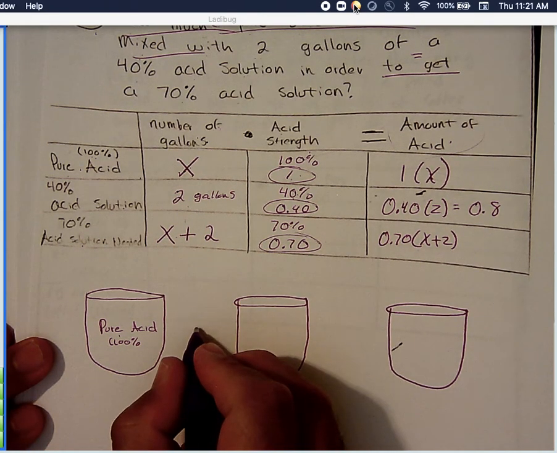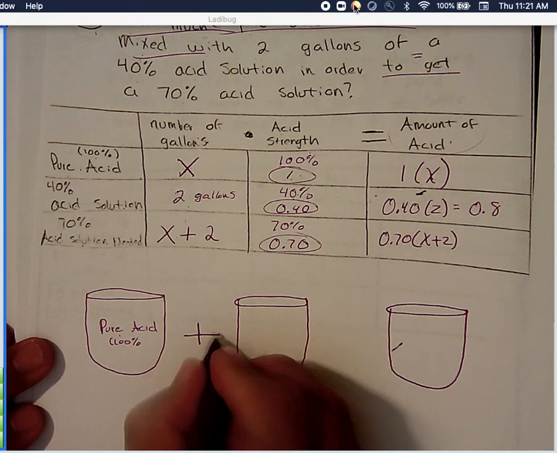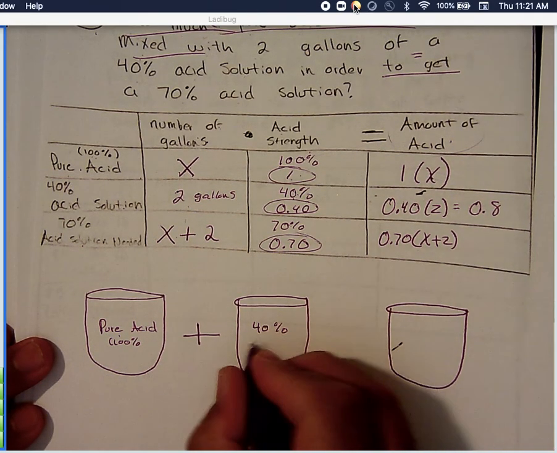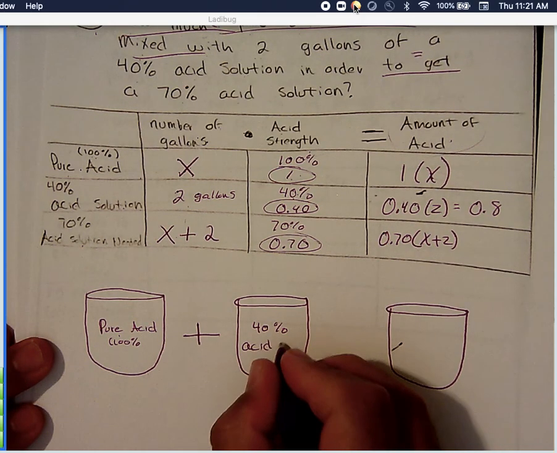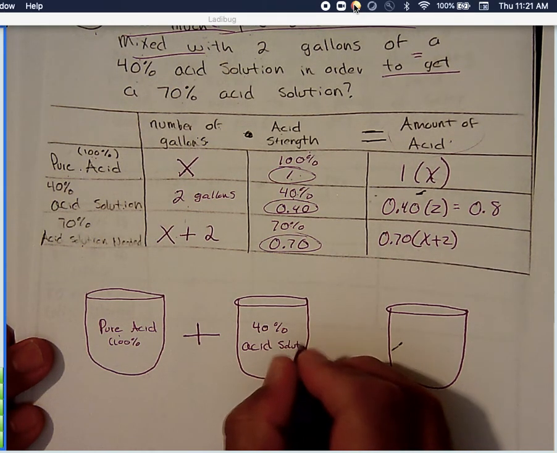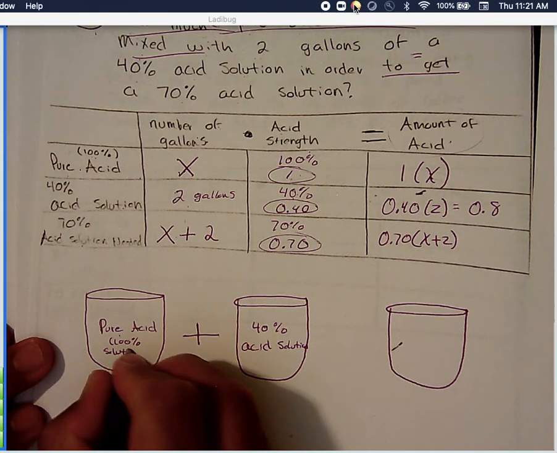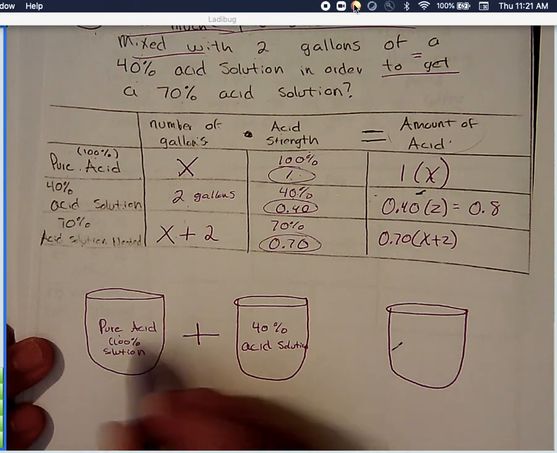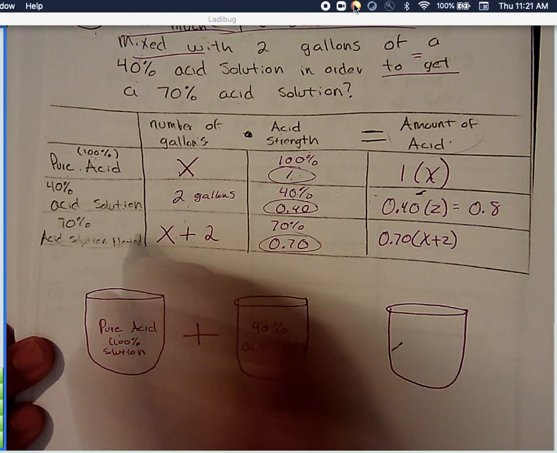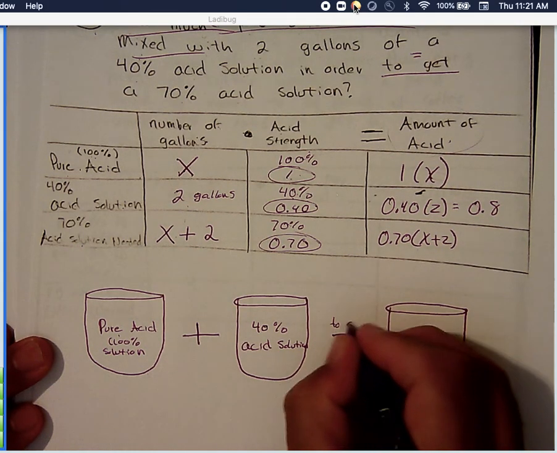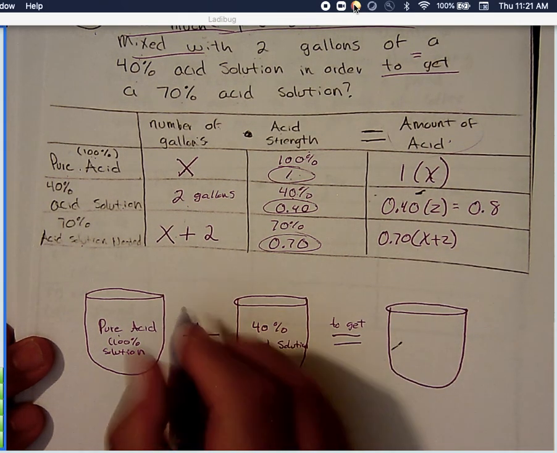And we're mixing it, so we're adding it to the 40% acid solution. Okay, so we're adding these two and we should get equals. This is mix.